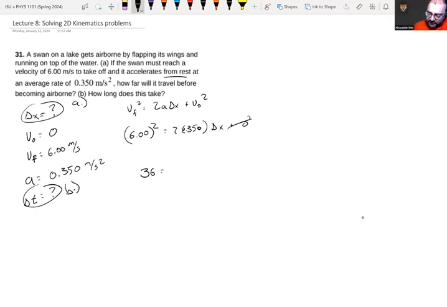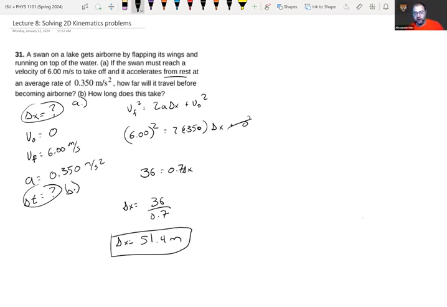And then that's equal to 0.7 delta x, and then I would divide 36 by 0.7. From there, I do that in the calculator. And what I get is delta x equals 51.4 meters. Okay, so that's what I'm finding with that one. It takes a little distance for him to get off of that.